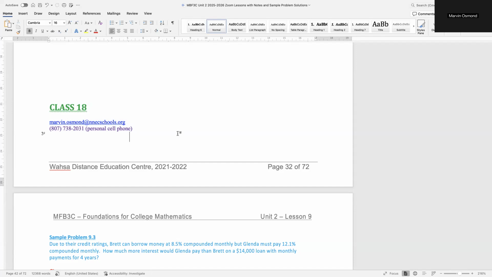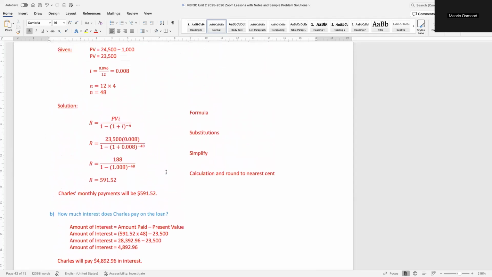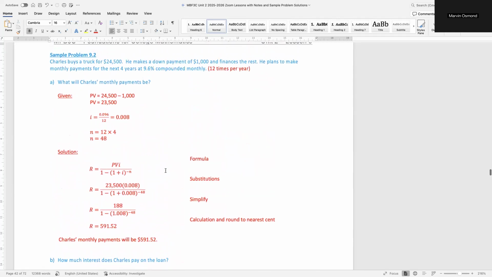Yesterday we started looking at annuities. So we worked through some problems where we had to use the present value and the monthly payment if we were to borrow money.